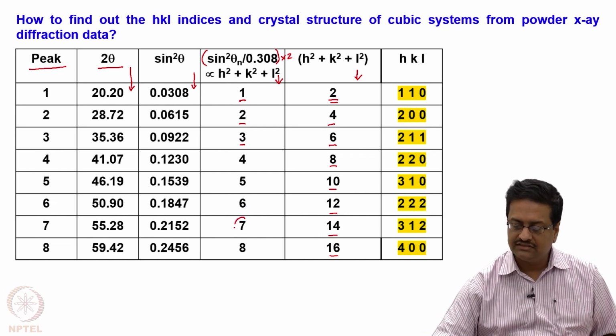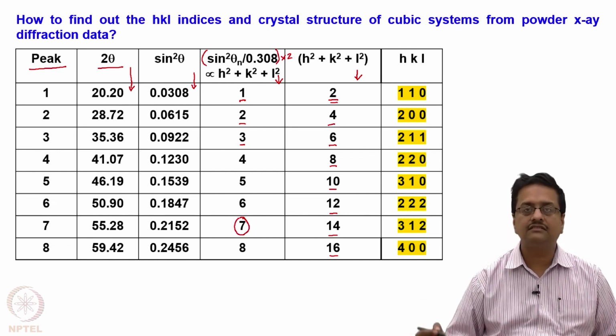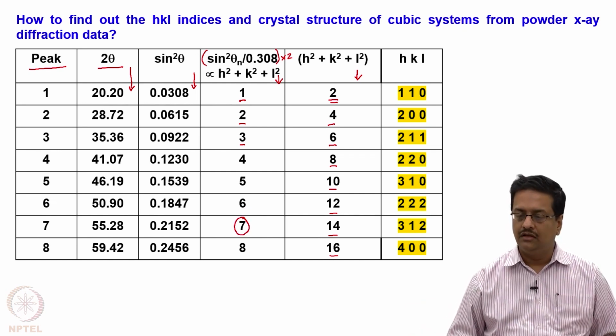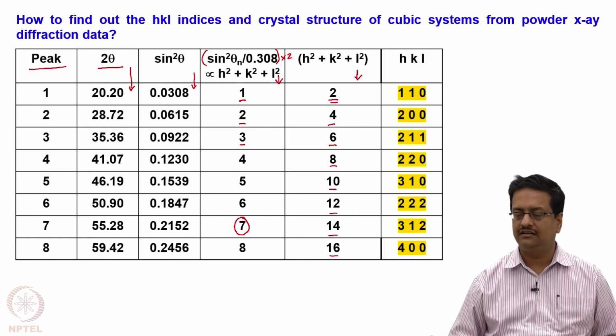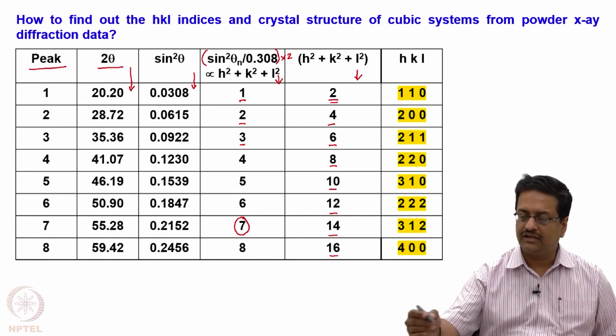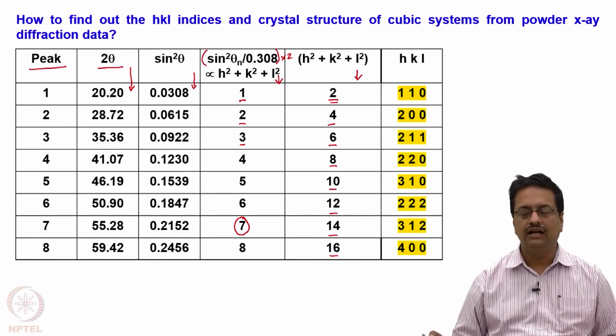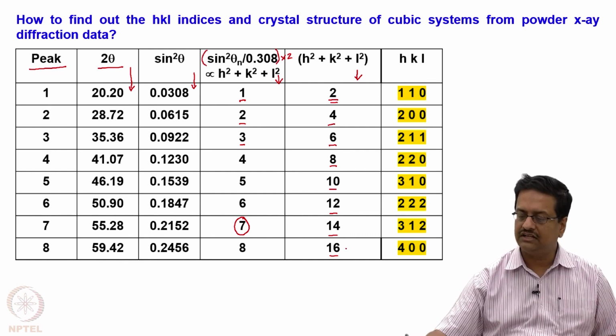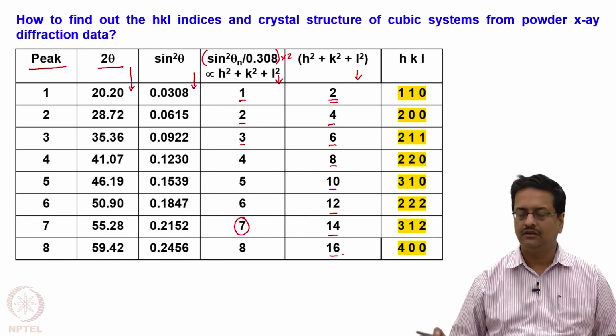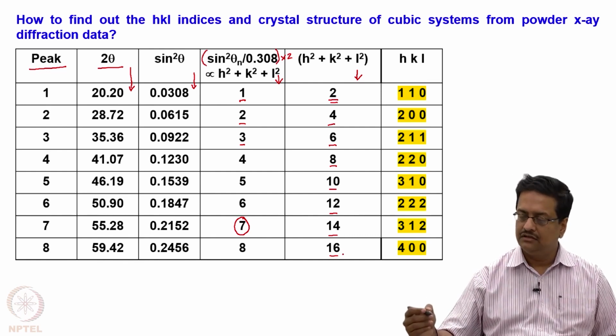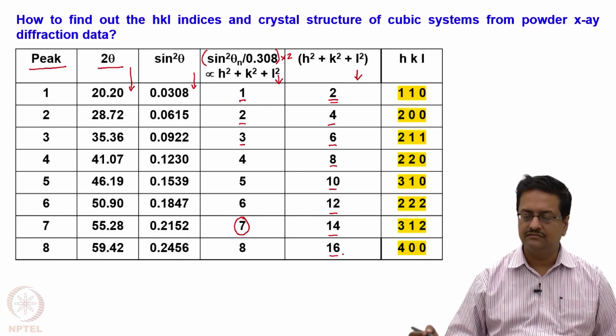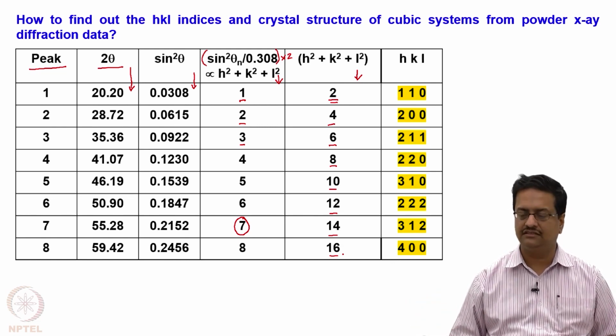But now for 7, we are stuck. 7 cannot be represented as squares of 3 integers. So we first multiply it by 2 and see whether all the numbers that we generate in the column can be written as a combination of 3 sets of integers.